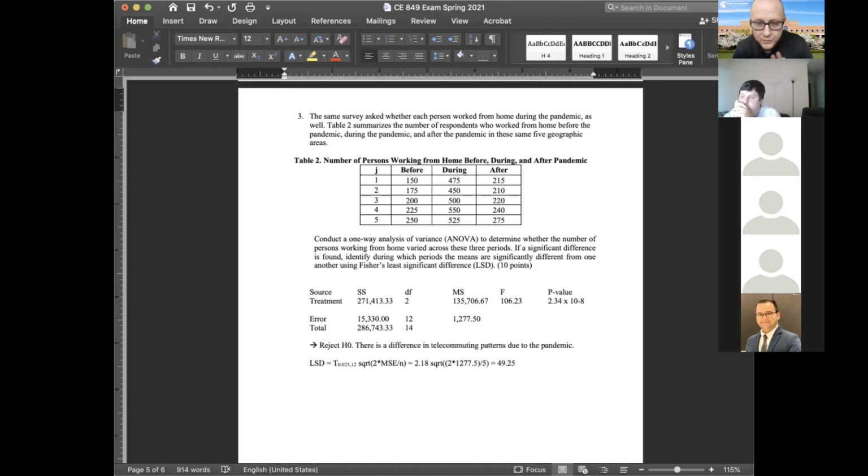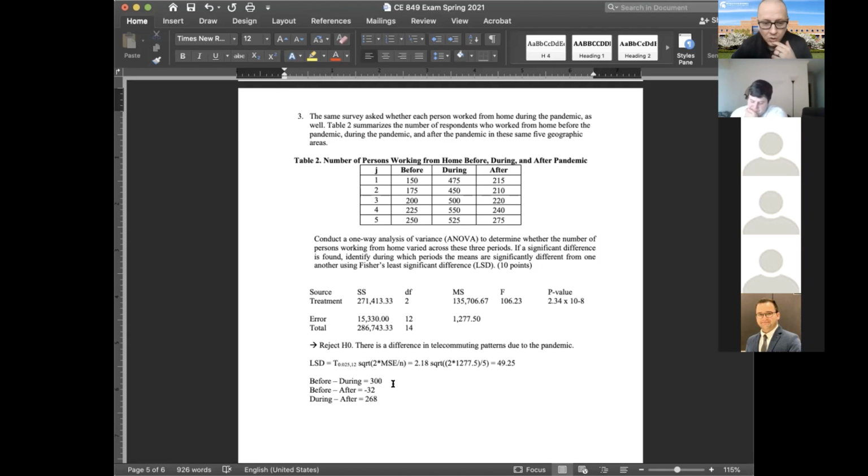And so all we would do from this point is compare each of those differences. If we look at the before minus the during, we saw an increase of 300 in that case. If we look at before versus after, as shown in the preceding problem, we'd have a reduction of 32. And if we compare the during minus the after, we'd have an increase of 268 in that case.